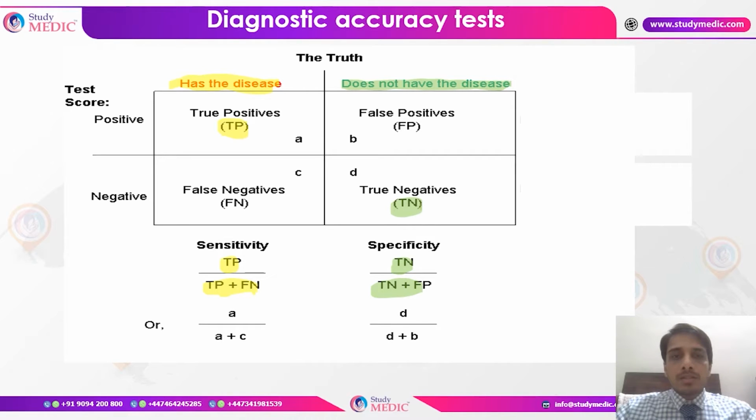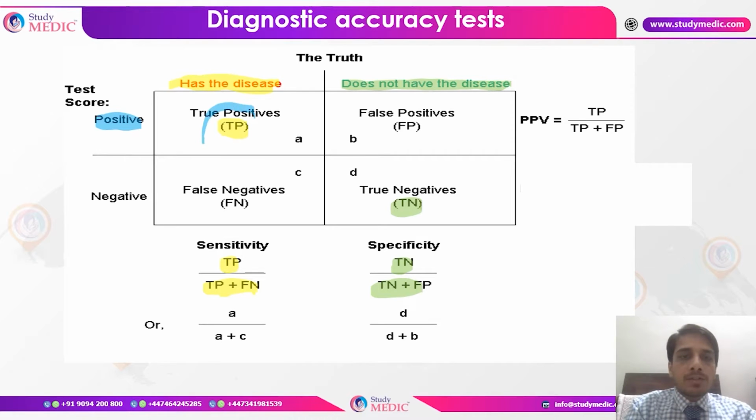Now what is the positive predictive value? Of those who are tested positive, how many are having the disease? That is true positive by true positive plus false positive, which is called the positive predictive value.